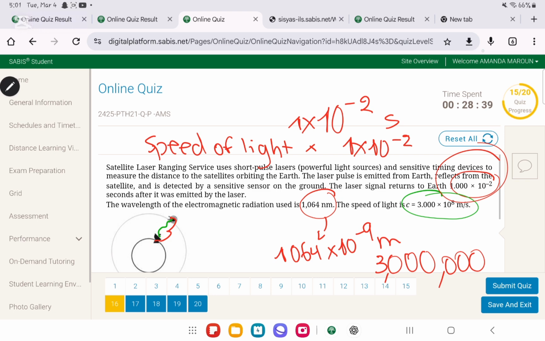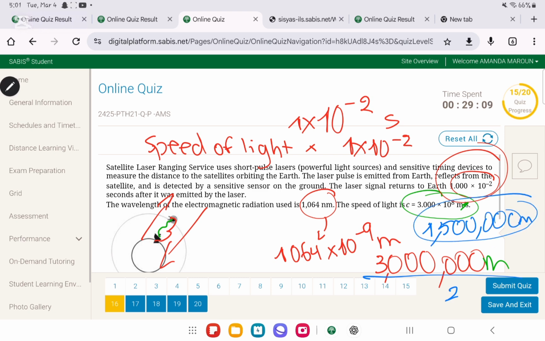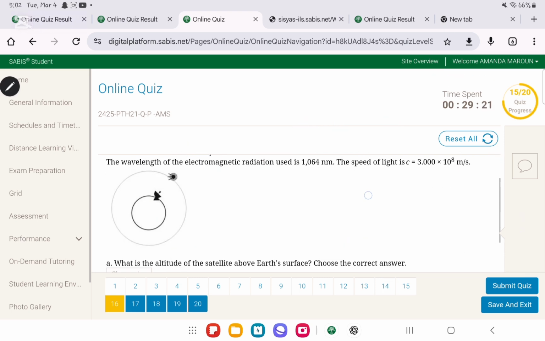We need to know that half of this is going up and half is coming back down, so we divide by 2 to get the one-way distance. 3 million divided by 2 is 1,500,000 meters. To change it to kilometers, you divide by 1,000, or 10 to the power of 3, and you get 1,500 kilometers, very simply.